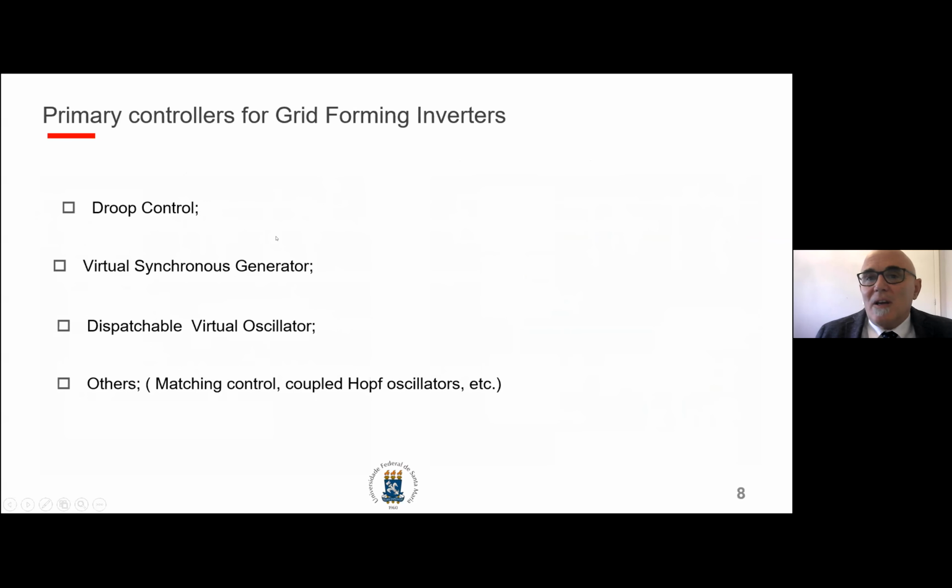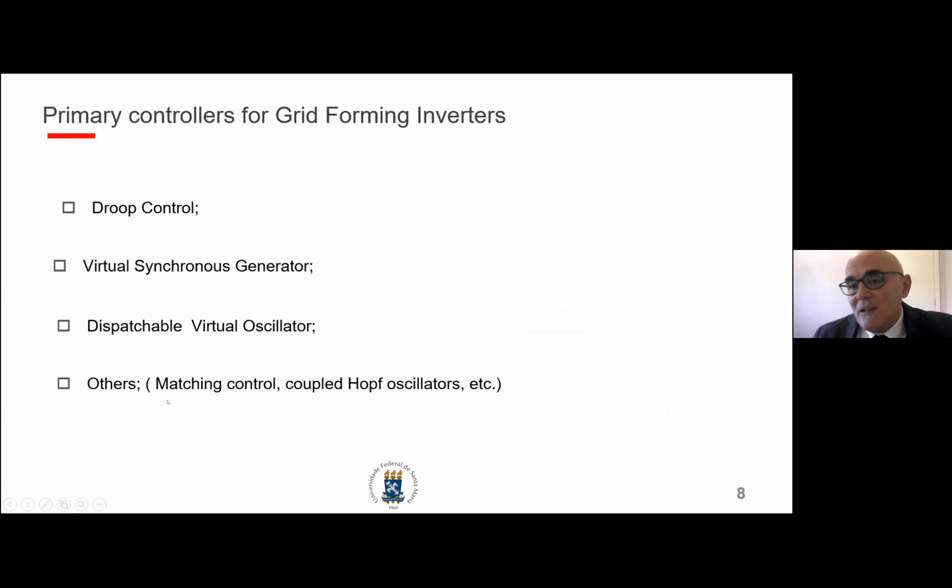So in the course that is available on the Hue Academy website, and it is free for anyone to download, we address three approaches: droop control, one with an integrator in the reactive voltage path, synchronous generator emulation also, and virtual oscillator as well.